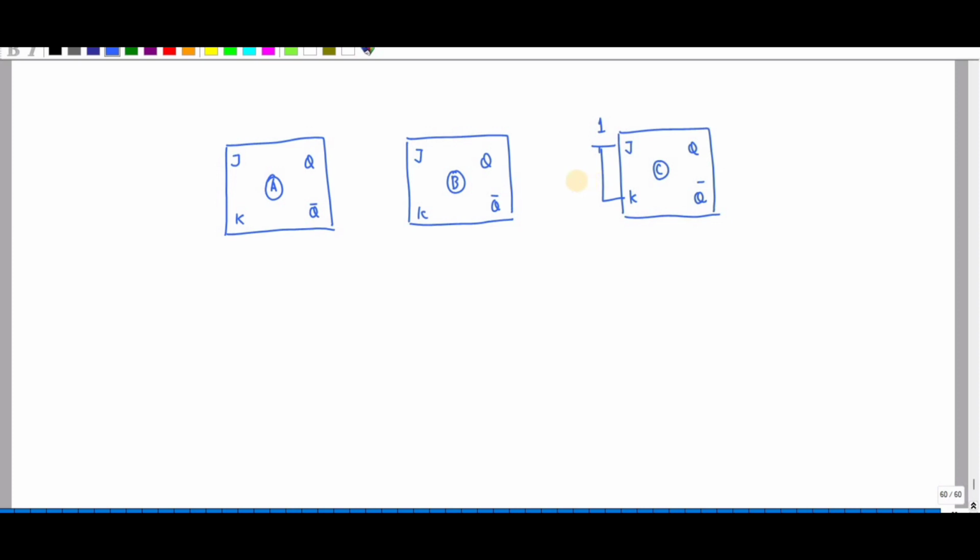That is 1 1, and you have a common clock for all, since it is a synchronous counter. The clock value is the same for all the flip flops.